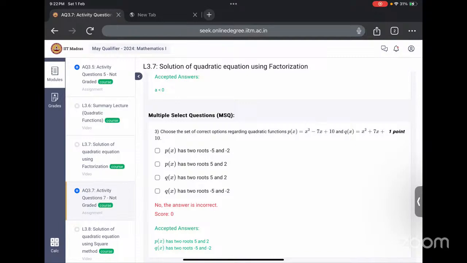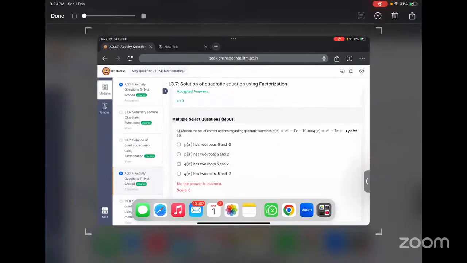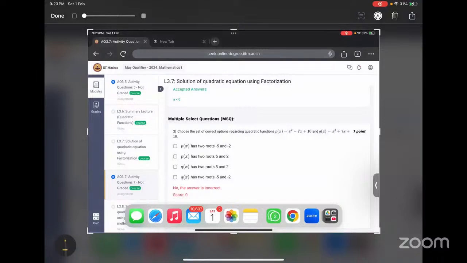For P, we can use the quadratic formula, minus b plus or minus root of b squared minus 4ac. Also for P, clearly we can use the factoring method: x squared minus 5x minus 2x plus 10. Taking common factors, you will get 5 and 2 as roots.